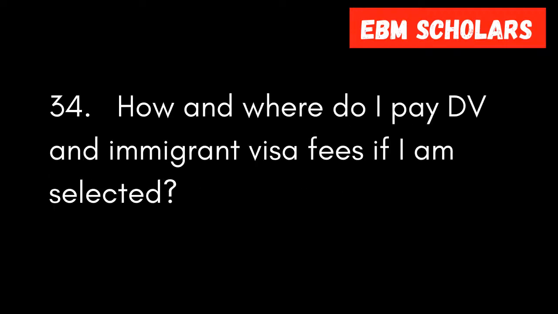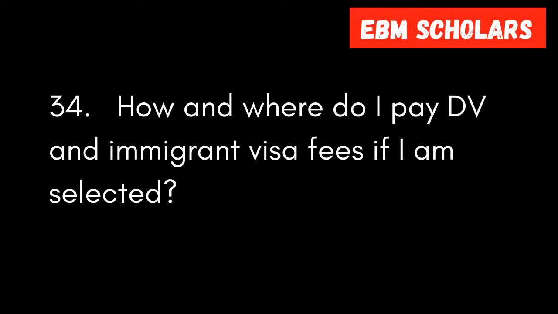Question number 34. How and where do I pay the diversity visa, DV and immigrant visa fees if I'm selected? I've already answered that one related to number 32, number 34 on how much. So how do I pay for the diversity visa? As I said, the application itself is free.